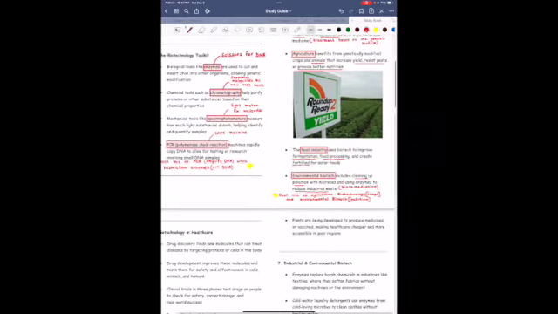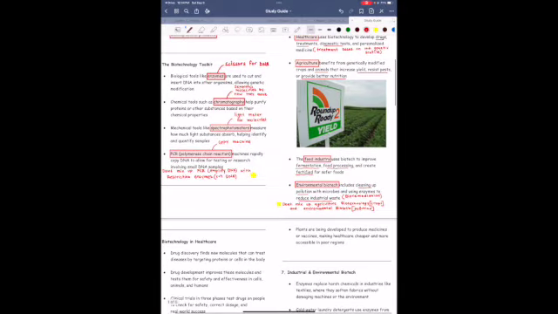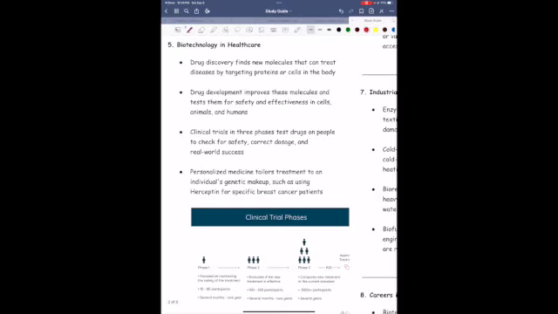All right, so let's go to the next page, and feel free to pause the video as we go through if you need a second to write. All right, so we said earlier biotechnology and healthcare. Healthcare is going to be the biggest user of biotechnology. And part of that is going to be the development of drugs.